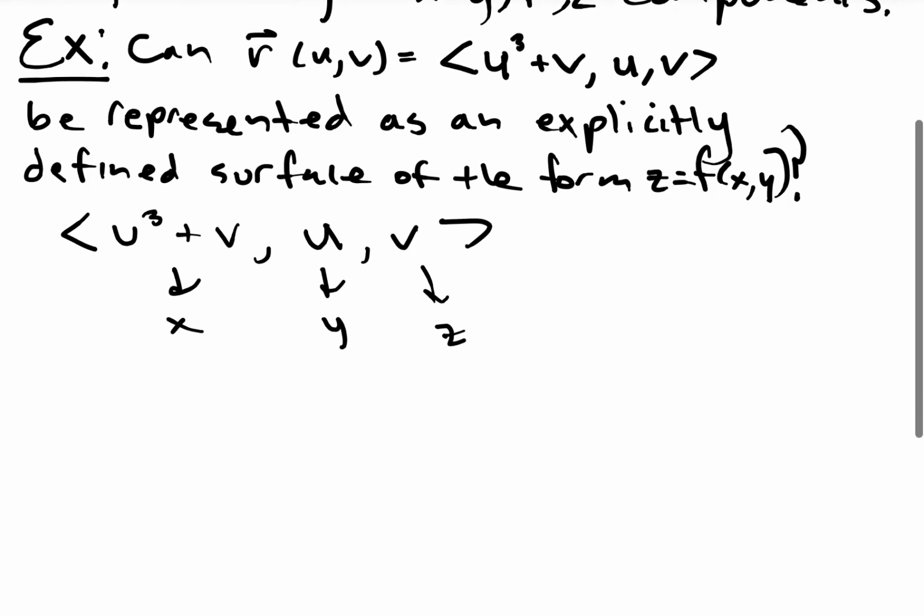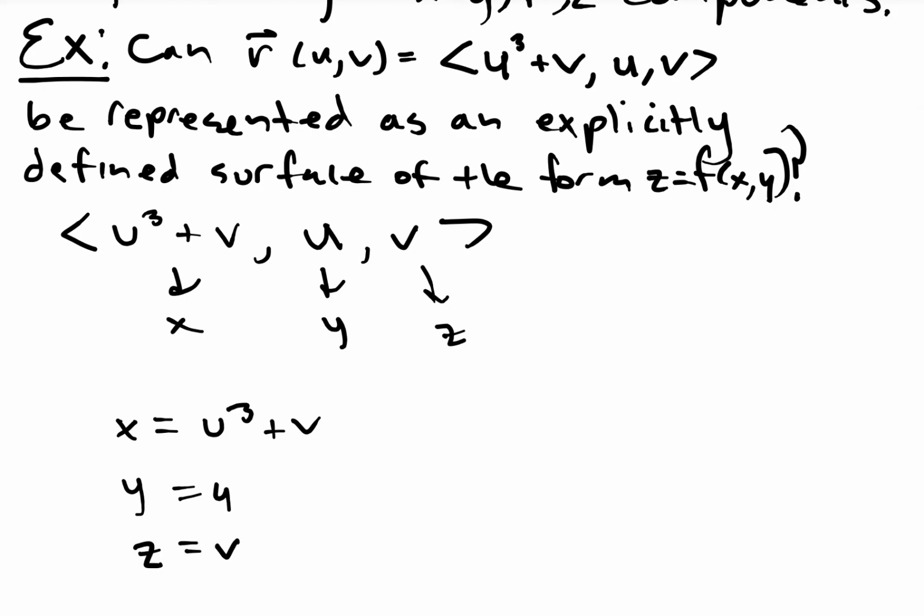So, is there any way that I can try to link together, if x is equal to u cubed plus v, and y is equal to u, and z is equal to v, is there any way that I can substitute these together so I completely get rid of my u's and my v's and I just have x's, y's, and z's left?